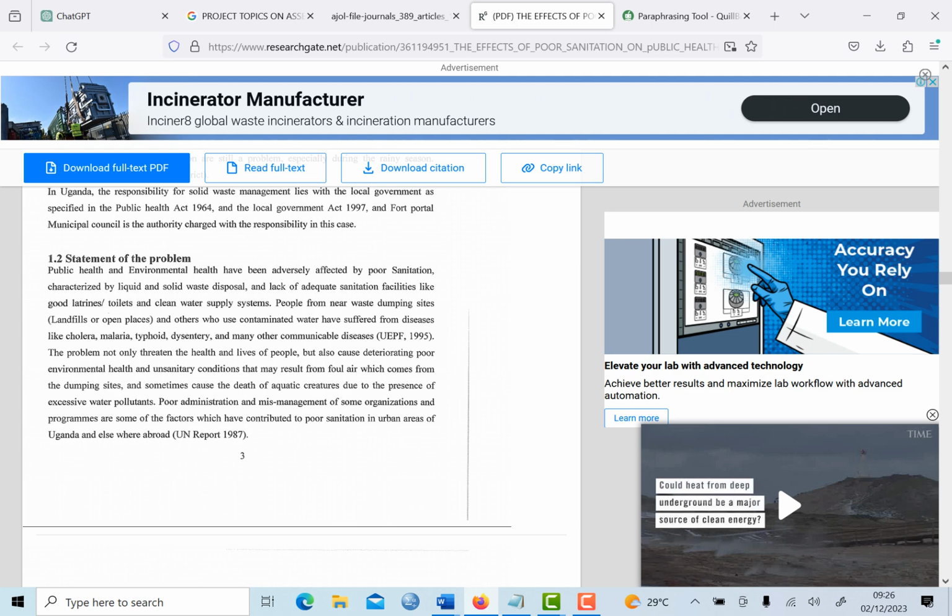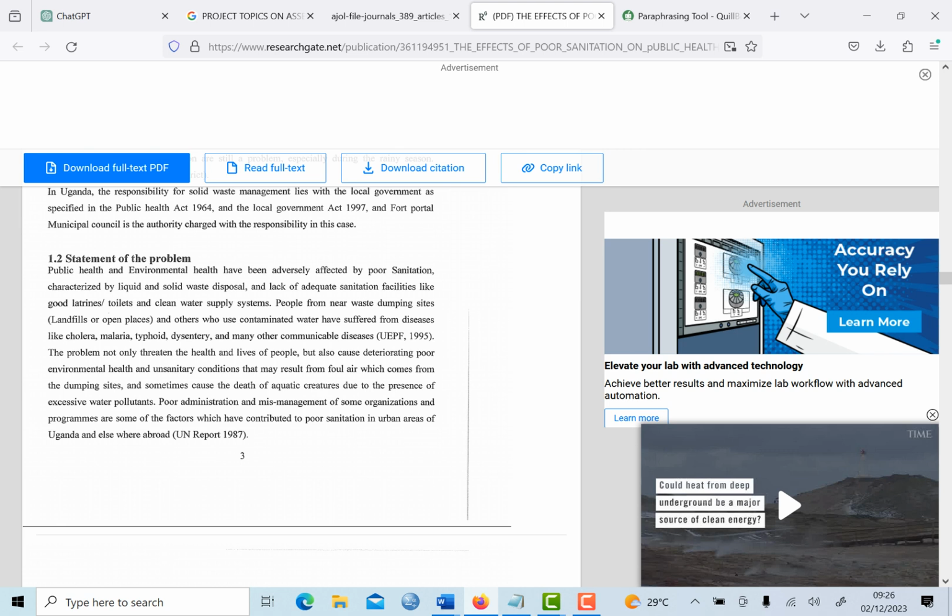Hey, this is interesting. People living near waste dump sites and others who use contaminated water have suffered from diseases like cholera, malaria, typhoid, dysentery, and many other communicable diseases.